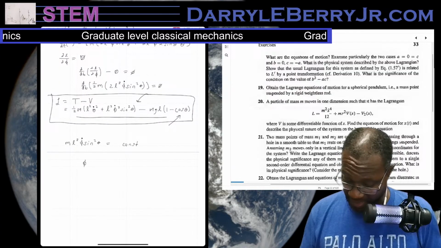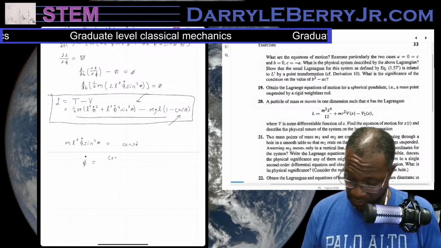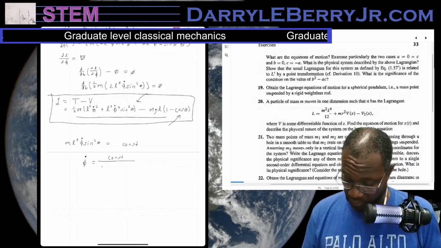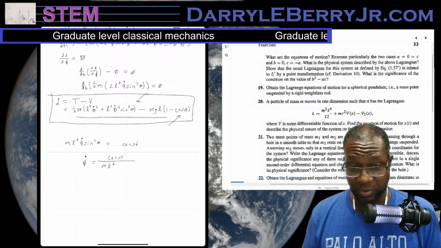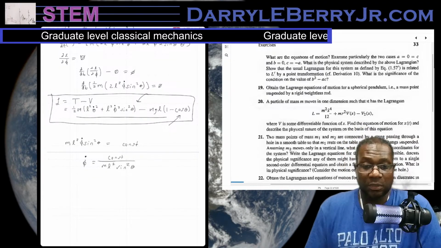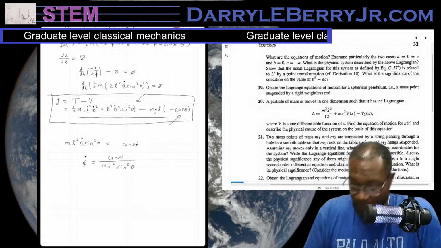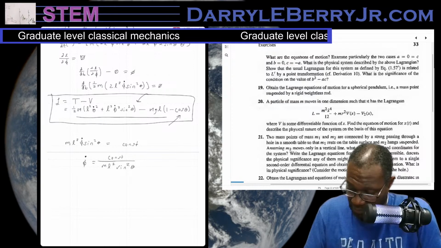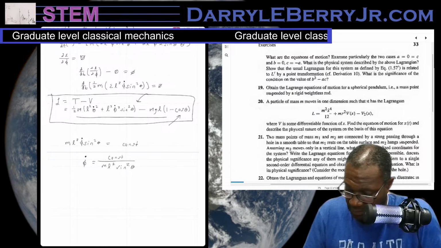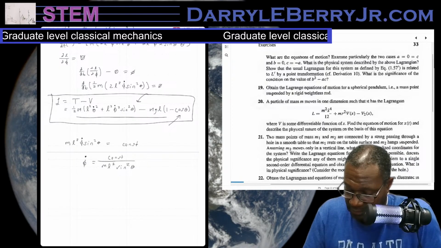So phi dot equals constant over m L squared sine squared theta, right? The second derivative equals 0, according to this. So there's no need to even do the derivative. It's going to be constant.